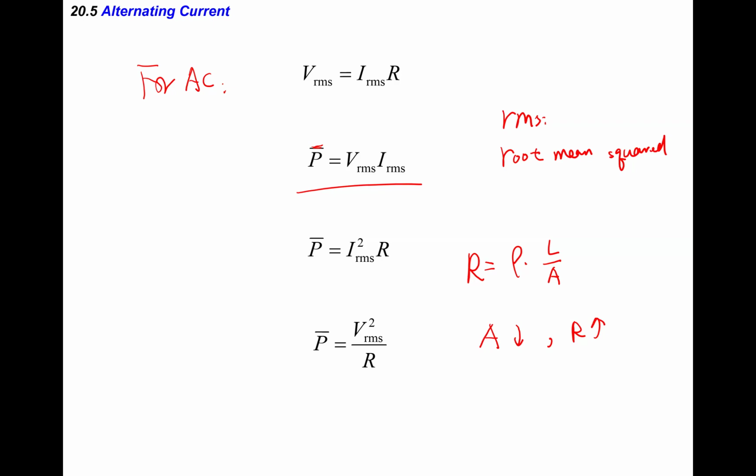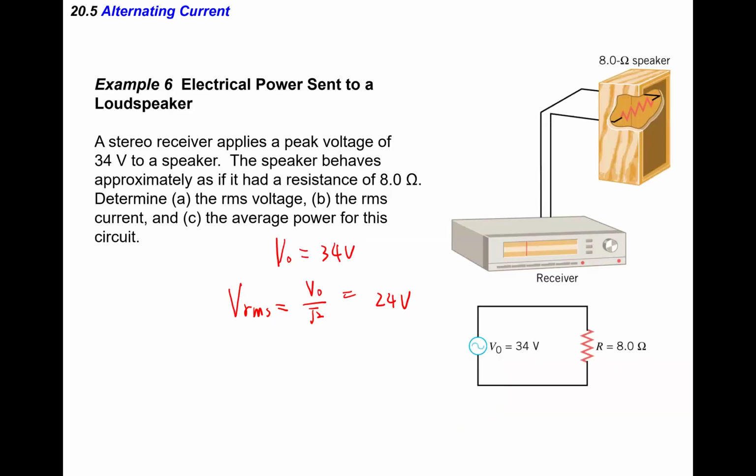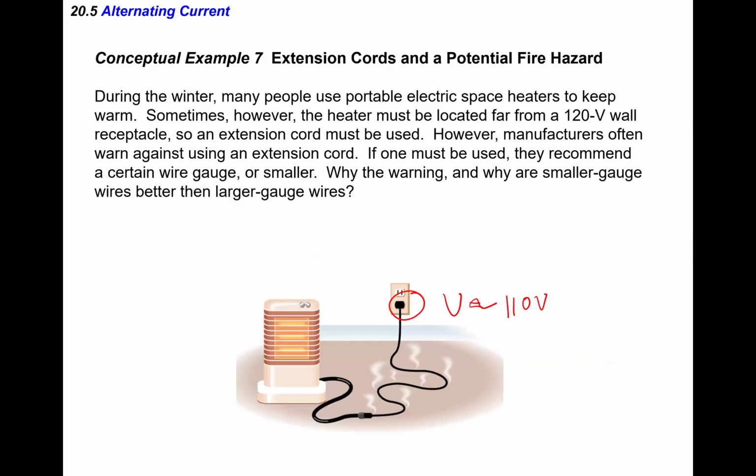See here, because the power supply, the V here, is a constant and usually it's about 110 volts. So if you want to have less power consumed in the wire, you want to have a bigger resistance. So that's why you should use a small area. Let me write the reasoning here.